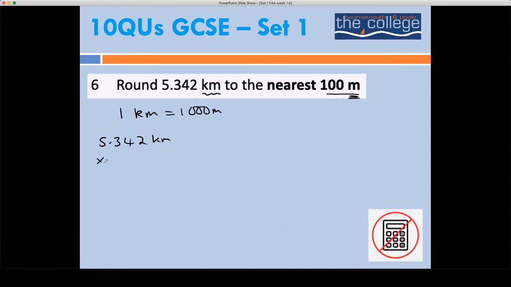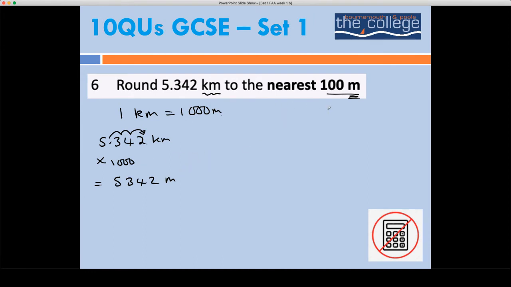Okay, I'm going to times it by 1,000. Now, that isn't adding 3 zeros, it's moving the decimal point 1, 2, 3 places. That's going to equal 5,342 meters. Now, often there is a mark just for doing that conversion. Okay, not for quoting the conversion like this, but actually using the conversion. So often you get 1 mark in a question that needs you to do some sort of conversion.